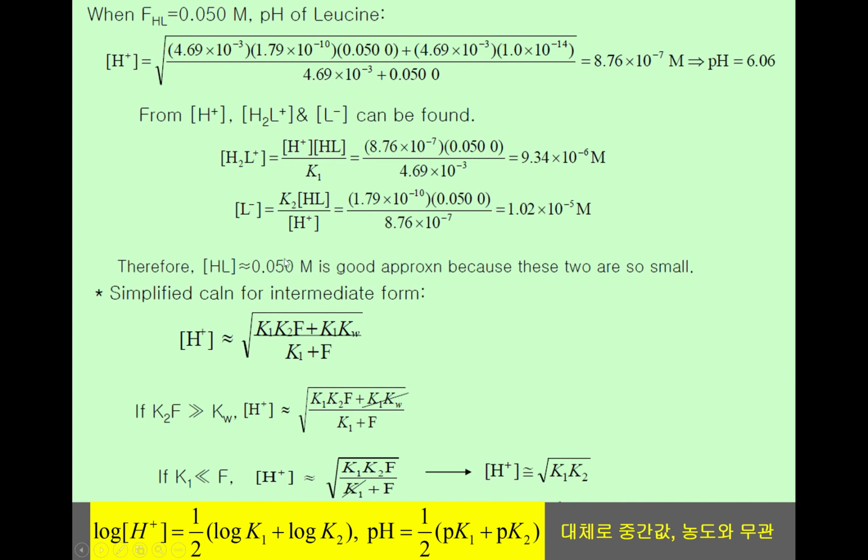Likewise, we can calculate the fully deprotonated form concentration using K2, and we get about 10 to the minus 5 molar. So our initial assumption is good. This assumption is a good approximation because these two species are so small.